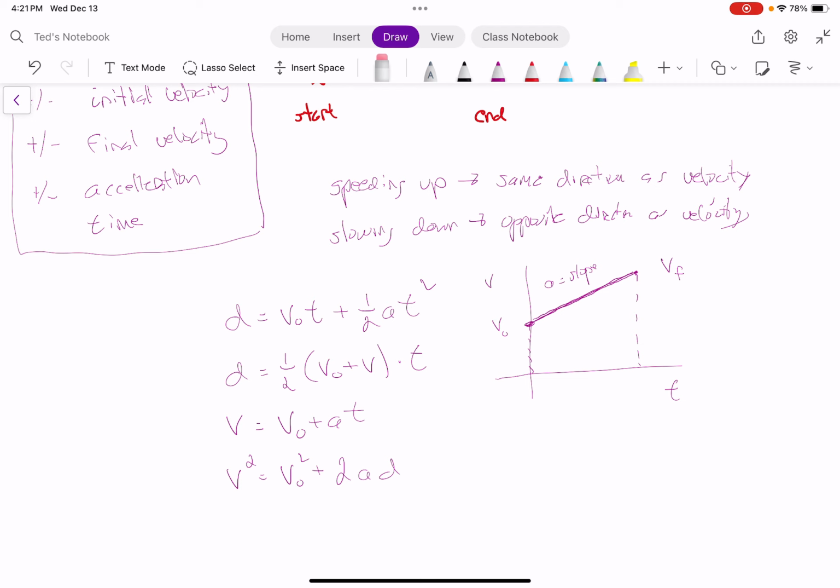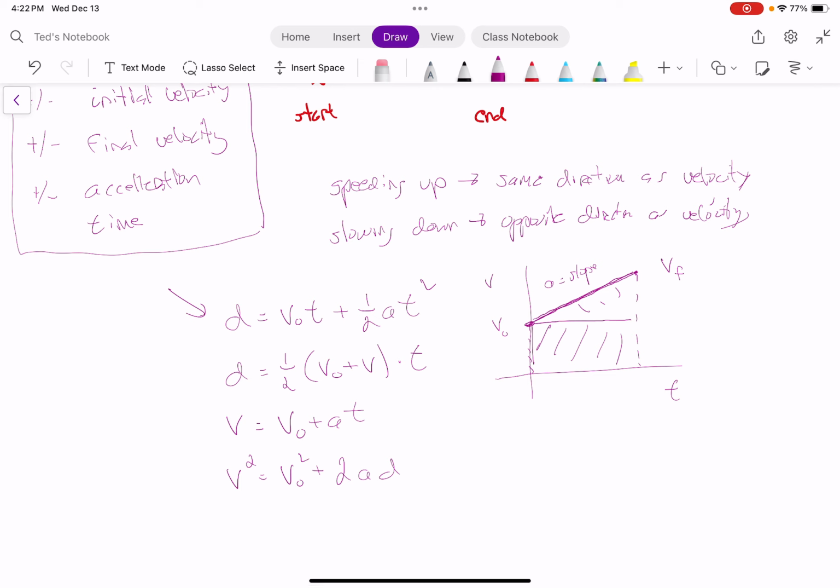For displacement, the displacement is the area made by filling in this trapezoid, or whatever shape that is. So if we can figure out the area of that shape, we can find the displacement. And this equation looks at that area and says, that area can be thought of as a rectangle plus a triangle.